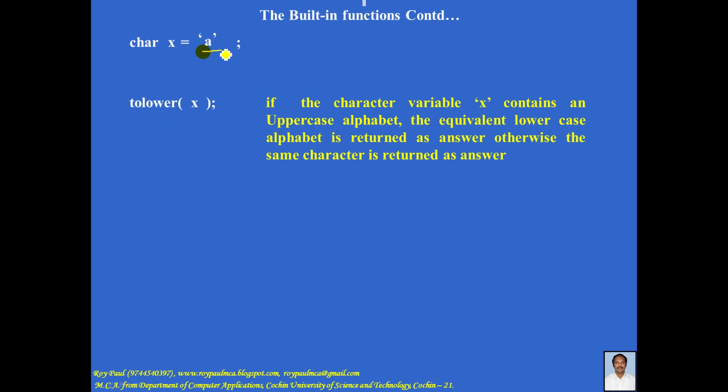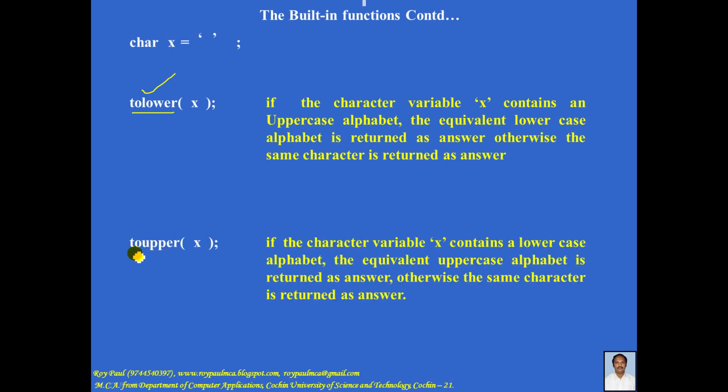Suppose x contains small a, small a is not an uppercase alphabet, so the same quantity is returned as the answer, small a is returned. Suppose x contains 0, 0 is returned as the answer. Suppose x contains @, @ is returned as the answer. And suppose x contains character constant space, space is returned as the answer by this function.